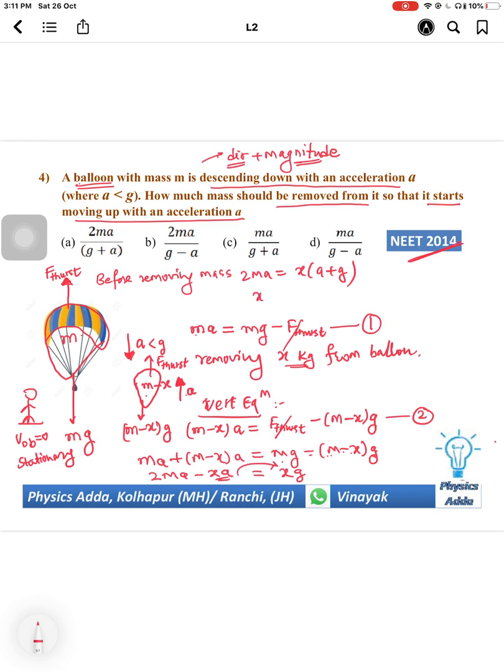So x becomes 2ma divided by (a plus g). This is the quantity of mass removed for the balloon to move in the upward direction with acceleration a. Okay, so what is the right option? Twice ma divided by a plus g. So the right option is option number A.